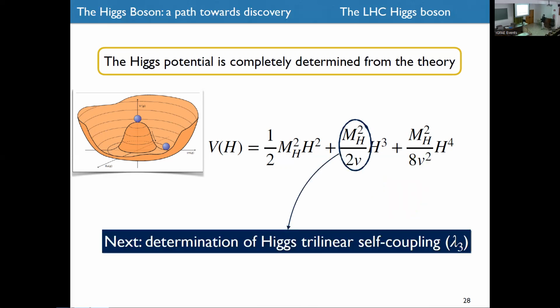So from an experimental point of view, what we need is to make a determination of the trilinear self-coupling, meaning this term here, the term in front of the Higgs cube.